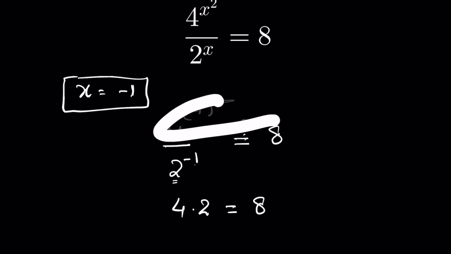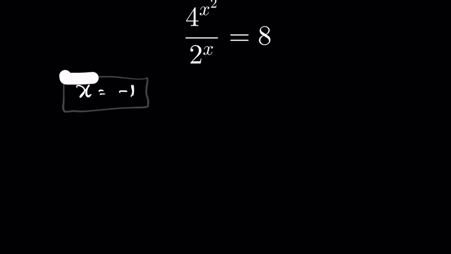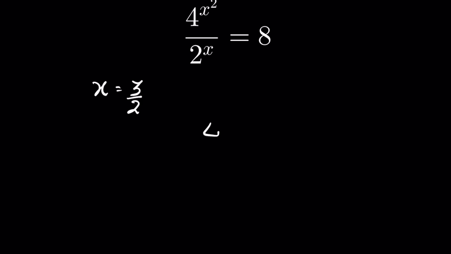Now let's check whether x is equal to 3 upon 2 is correct. So 4 to the power 3 upon 2 square, upon 2 to the power 3 upon 2.